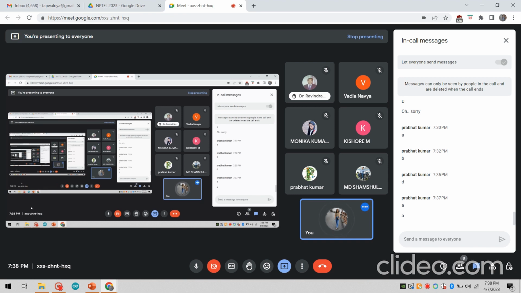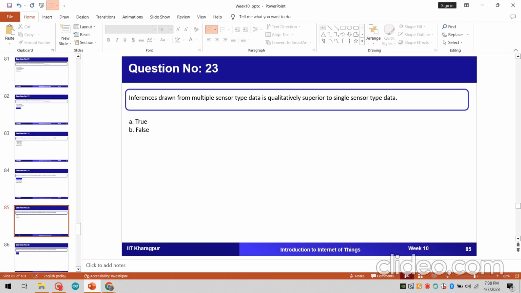Anyone else? A. Fine. Others also please reply. The data which you take from multiple sensors, is that data more superior to the data taken from a single sensor? Yes or no? So this statement is true.